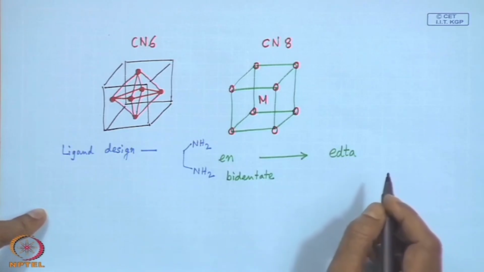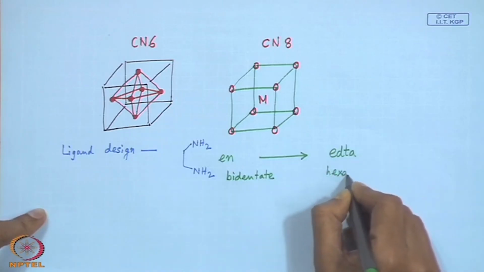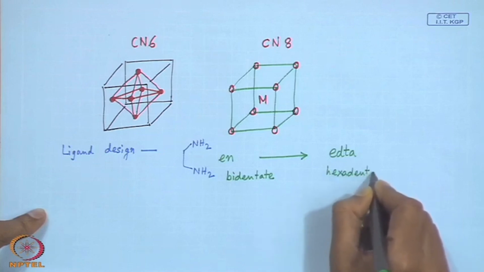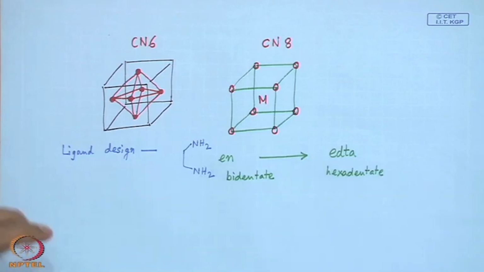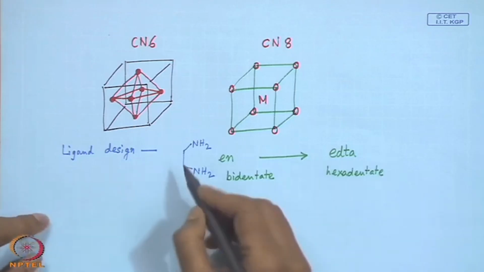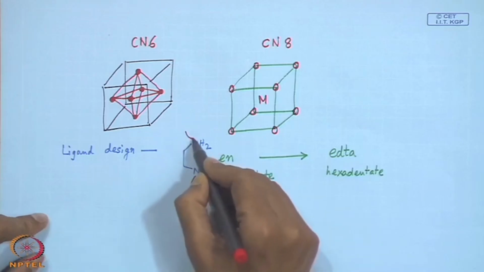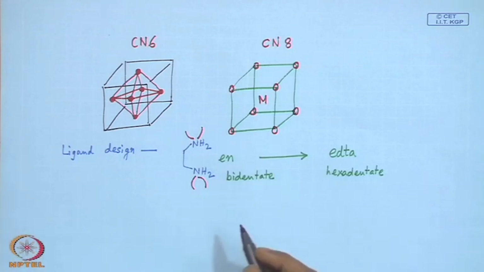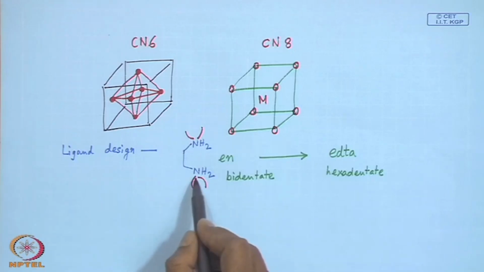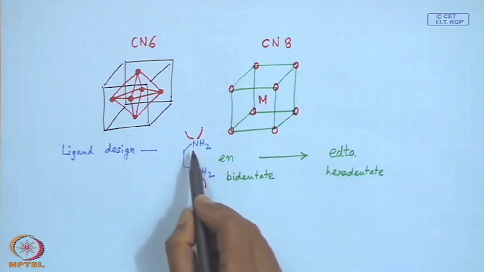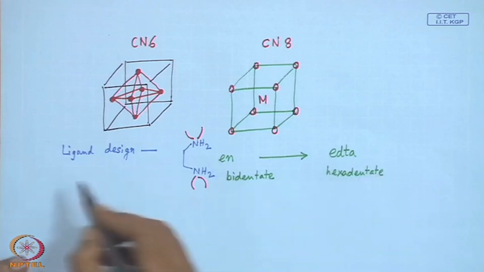The bidentate ligand can be changed to hexadentate. How? It's a very simple thing. We are simply derivatizing these two NH2 groups by carboxylic acid arms. Each NH2 group has been derivatized by two arms. So 2 plus 2 plus 2 gives rise to a hexadentate ligand.